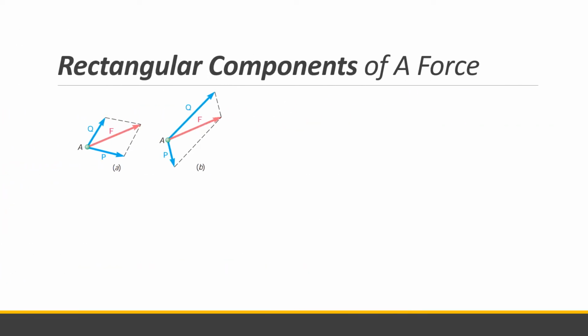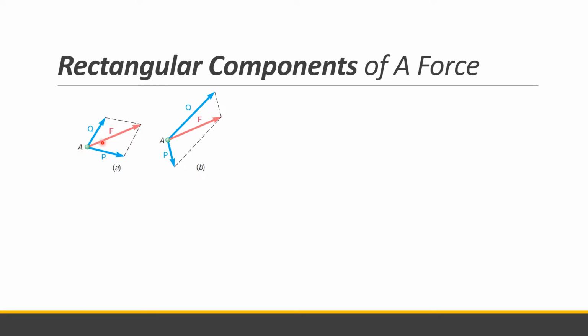Okay, so we have seen that two or more forces acting on a particle may be replaced by a single force which has the same effect on that particle, which is the resultant. So conversely, a single force F acting on a particle may be replaced by two or more forces which together have the same effect on the particle. So these forces are called the components.